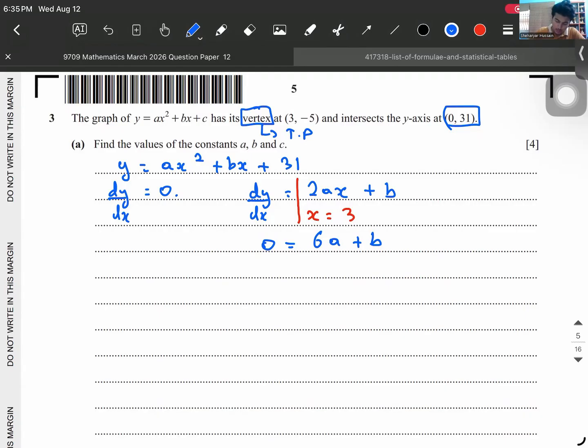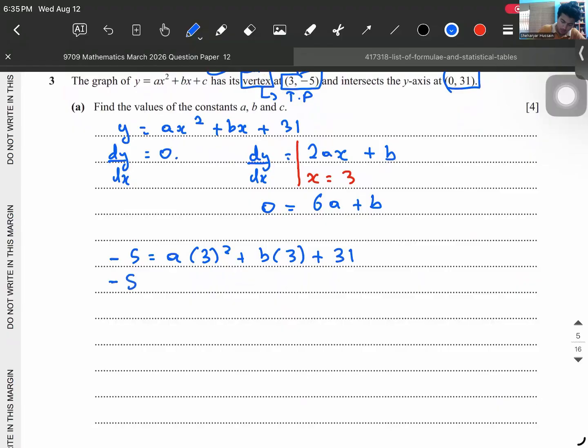And another equation that we can get is once we input these exact coordinates in the original equation. So let's do that. That turns out to be negative 5 equals a times 3 squared plus b times 3 plus 31 that we've originally got.